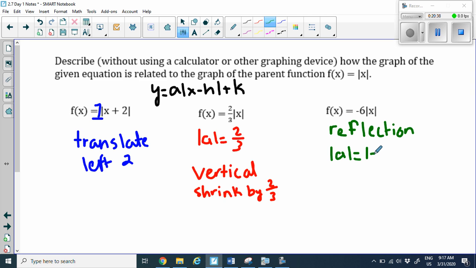So when we take the absolute value of -6, we get +6, which is greater than 1. Here, this was less than 1. So because it's greater than 1, that means that for our next, we have a vertical stretch.